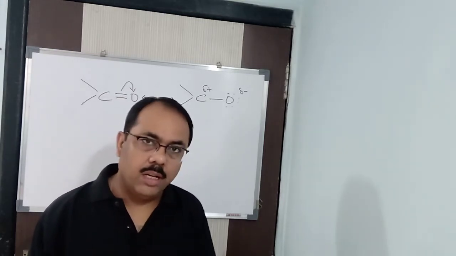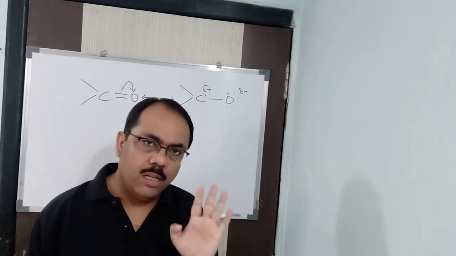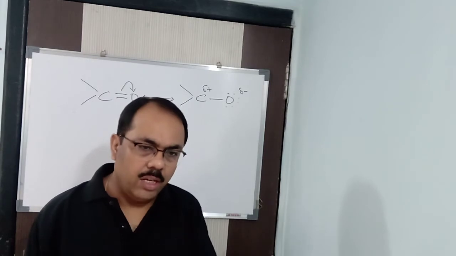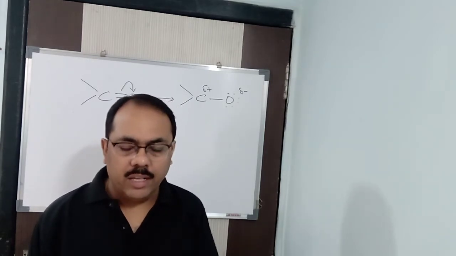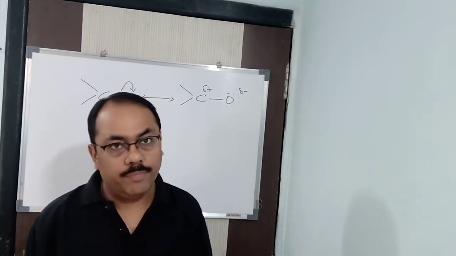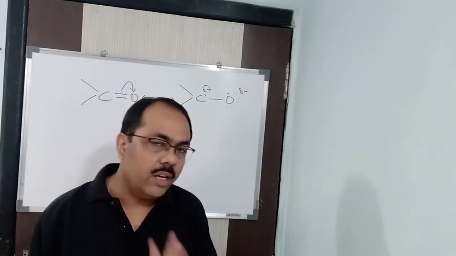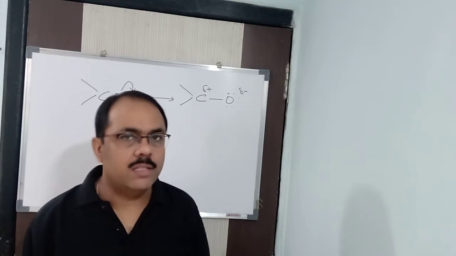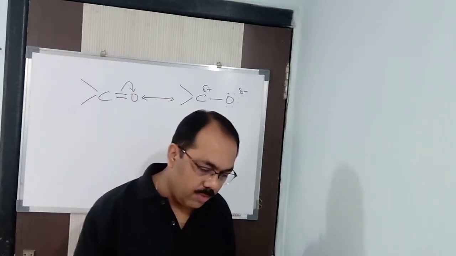You will be seeing many of these. So when it is a weaker nucleophile, the reaction takes place in weakly acidic medium. And if it is a stronger nucleophile like HCN, the reaction will take place in weakly basic medium. This is the condition, you need to remember it.